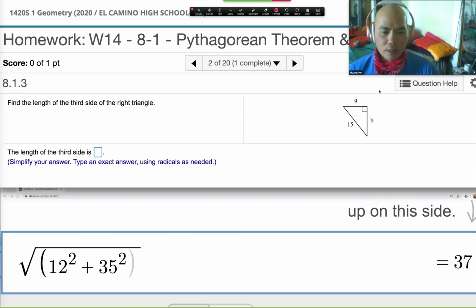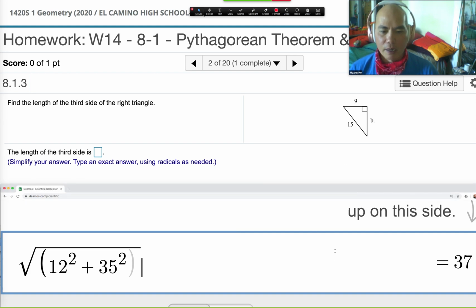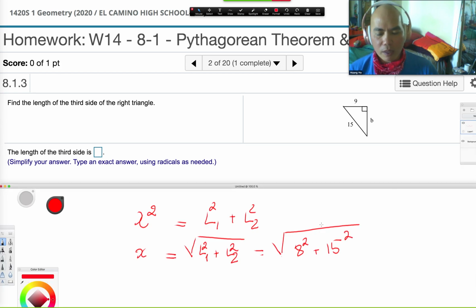This time you are given a right triangle, but the missing part is letter B here. That happens to be a leg. When you look for the leg, you take the hypotenuse, you square, and you subtract the other leg squared.